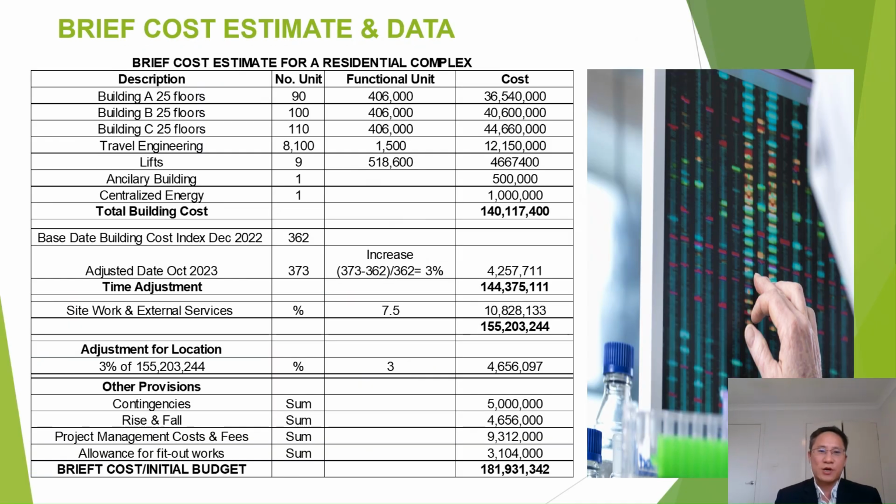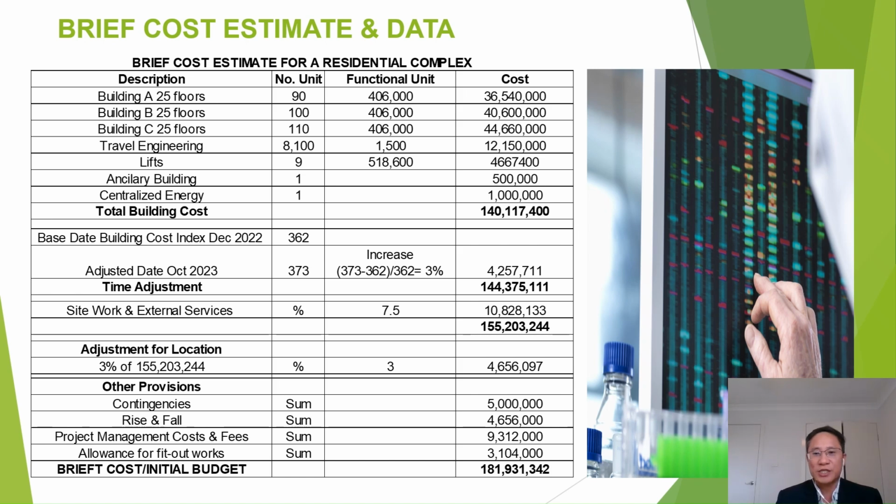So the first step in preparing cost planning is to set up the budget for new developments, or we can say a brief cost estimate. At this stage, there is not much available information.